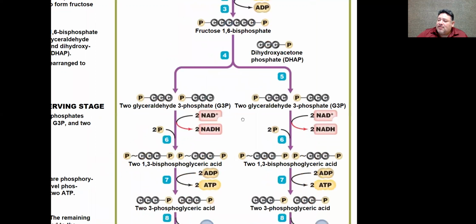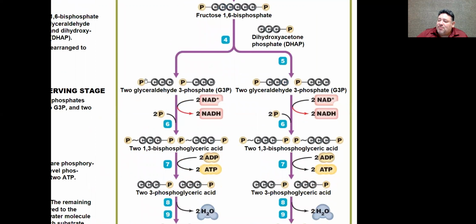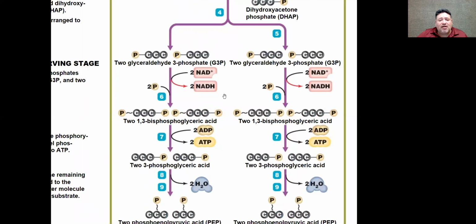Now what? Well, now we have these 2 high energy intermediates. How do we know that they're high energy? We know because this shuttle here, this NAD, is harvesting high energy electrons, okay?